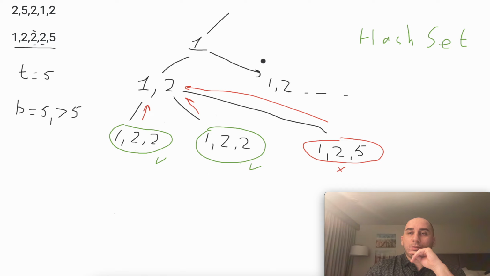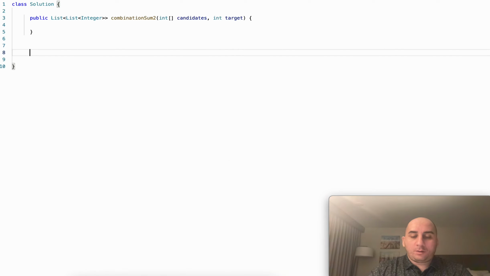So let's put this solution to code. The first thing that we need to do is to create a backtracking method. That method won't return anything. We can call it simply BT, which stands for backtracking. We are going to pass our candidates and our target, and also a few other input parameters.